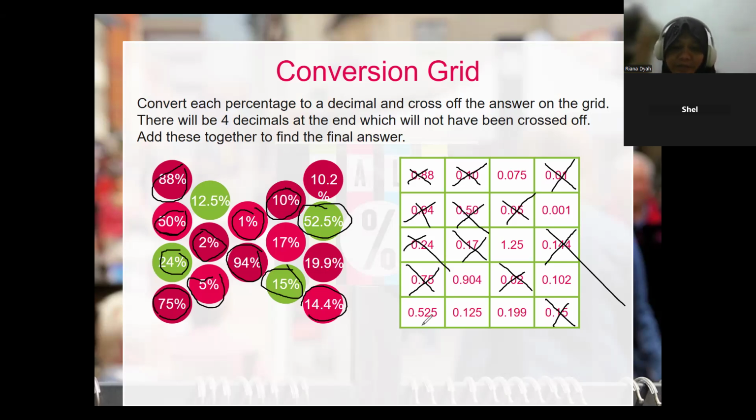Yes, 0.525. Very good. What about this one, 19.9? 0.199. Yes. And then we have 12.5. 0.125.